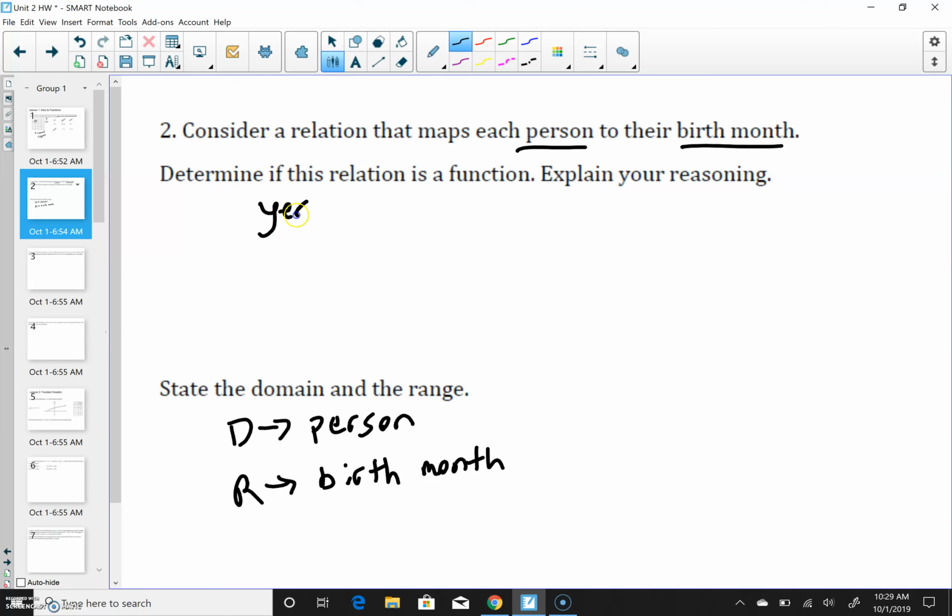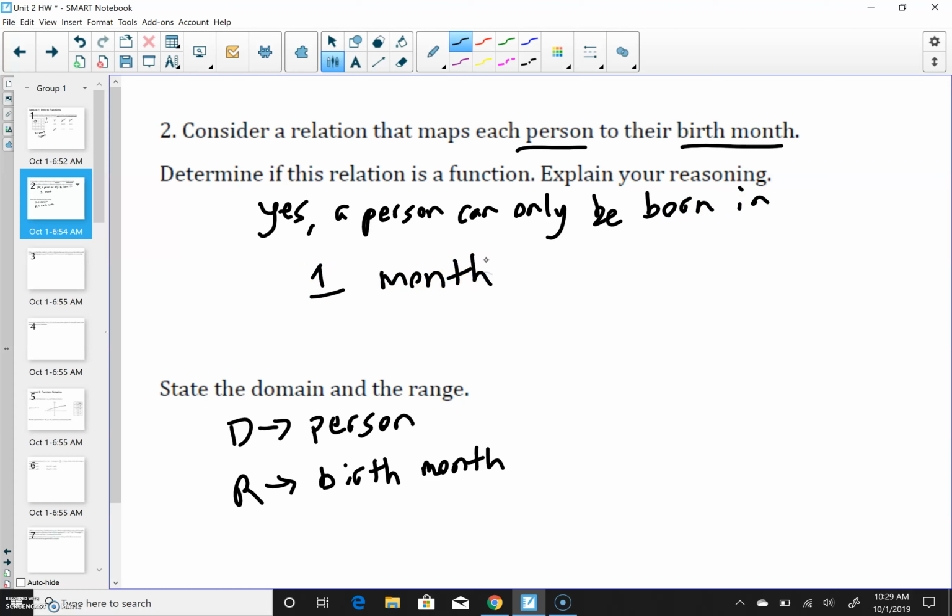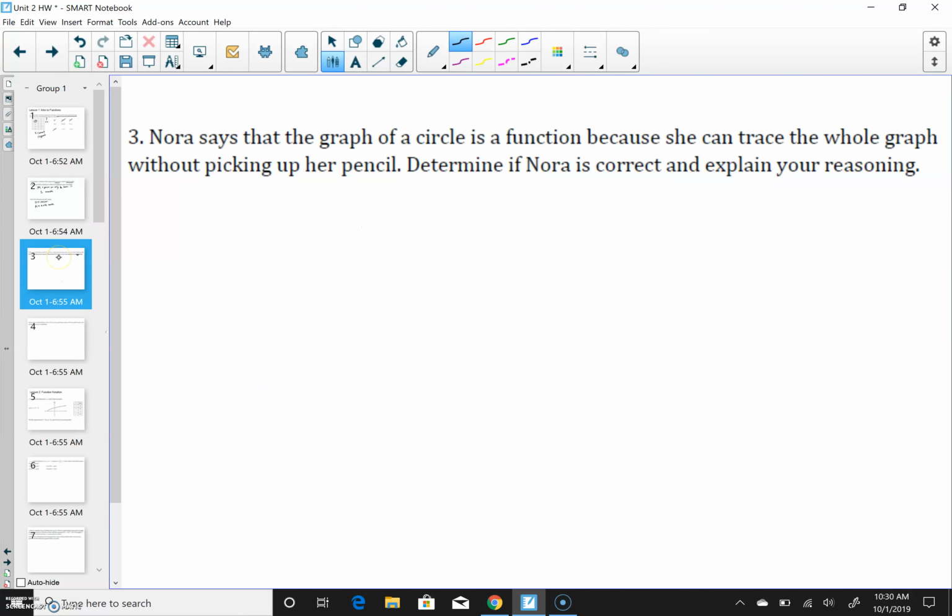So the answer to this question is going to be yes, a person can only be born in 1 month. So therefore, we know that this is going to be a function. Each input is going to have at most 1 output, and exactly 1, because everybody has a birth month.